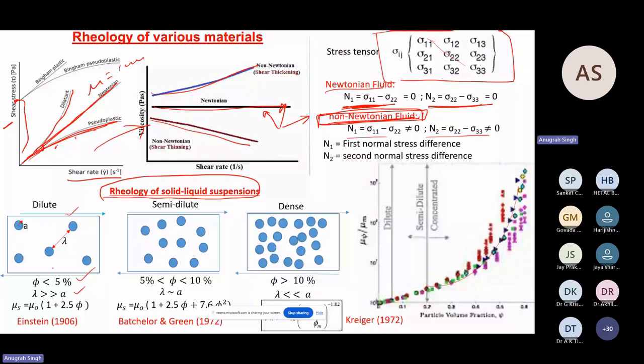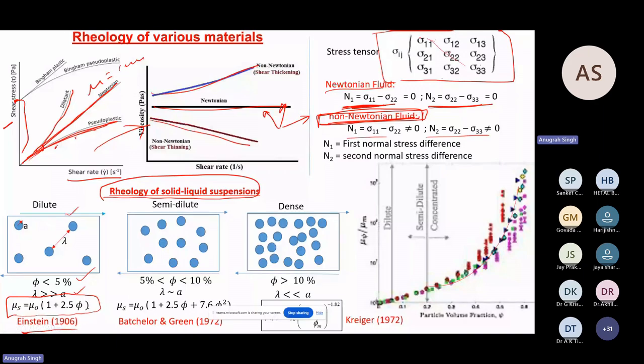For the dilute case, you can assume that each particle is very far away from the others, as if it is alone in the fluid, and you can combine the extra stresses for all these particles. So Einstein used the single particle expression for stresses and calculated that for a suspension in the dilute limit, the suspension viscosity will be 1 plus 2.5 times the volume fraction, times the viscosity of the fluid in which it is dispersed.